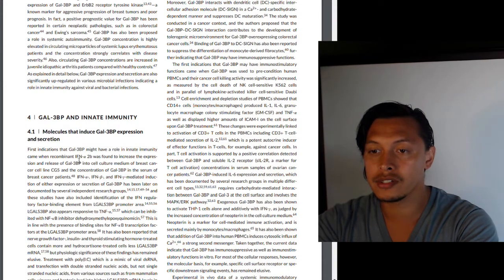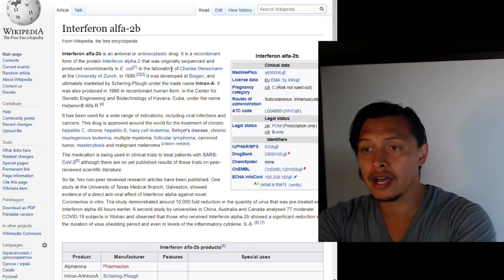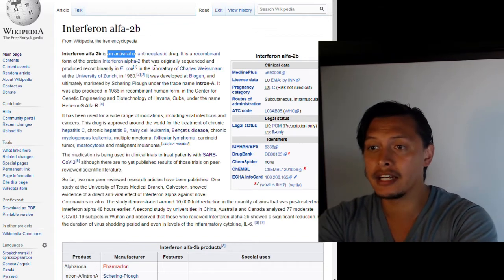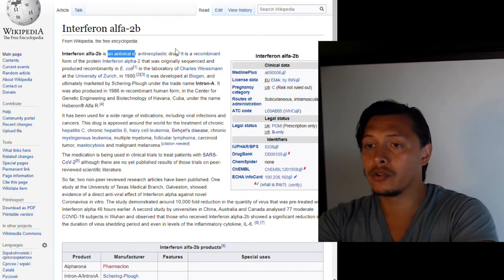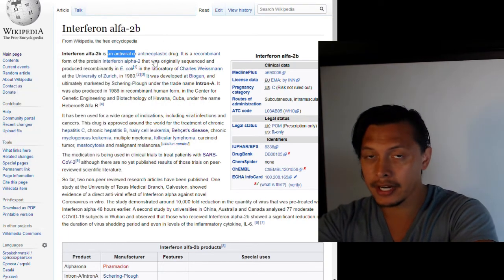So, what is interferon alpha 2b? This is one of the cytokines, an antiviral and anti-neoplastic drug. So this is a drug that will stop cancer, right?